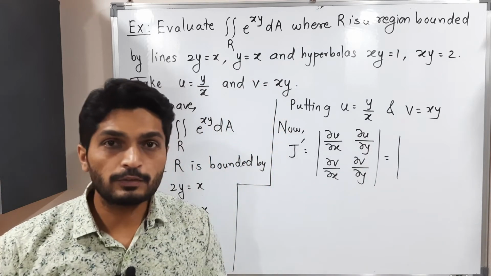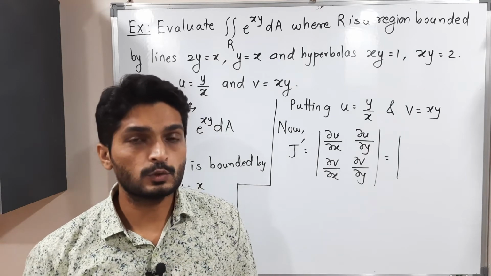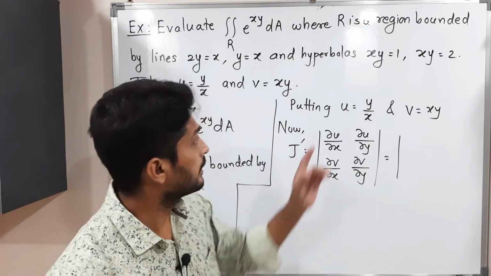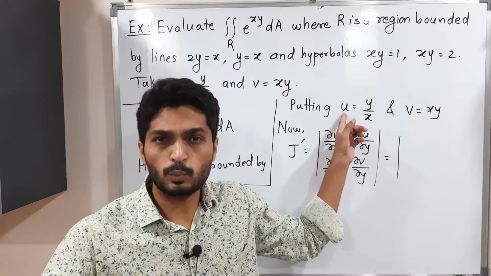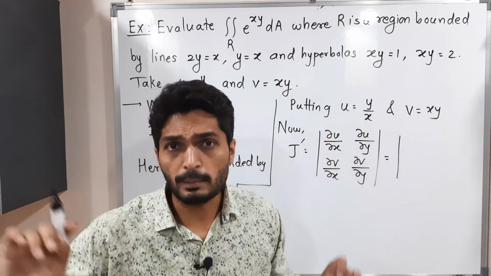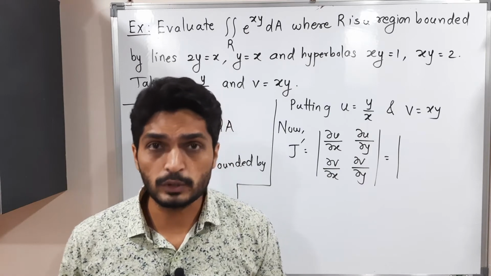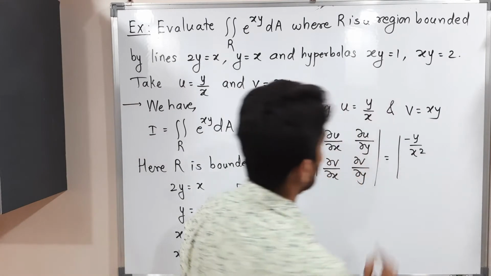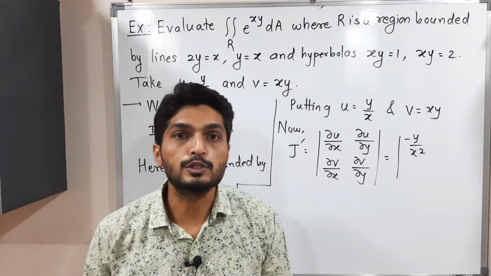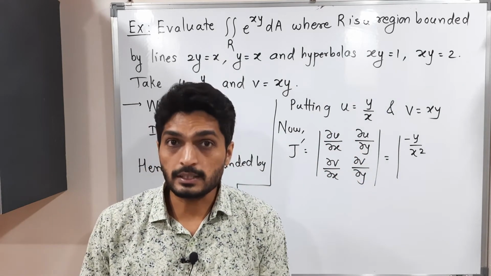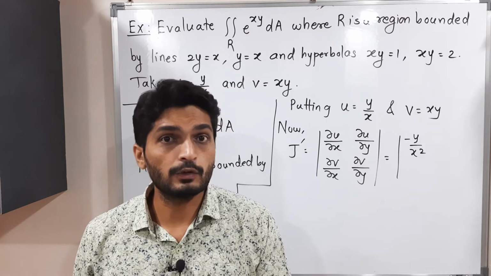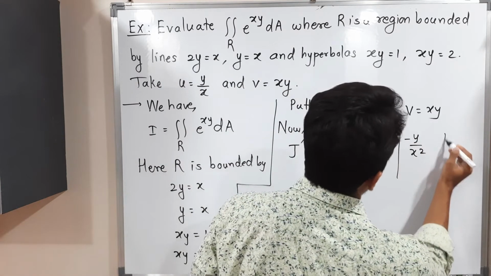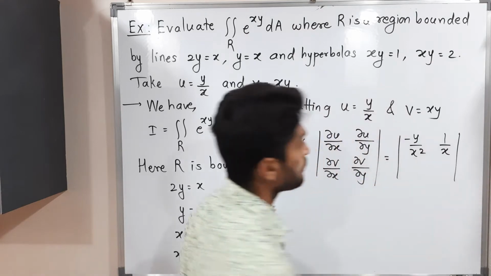So derivative of u with respect to x. When we find the derivative with respect to x, we consider y as a constant. Derivative of 1 by x is minus 1 upon x square, so we will have minus y upon x square. After that, derivative of u with respect to y: 1 by x is a constant, derivative of y is 1, so it is simply 1 by x.